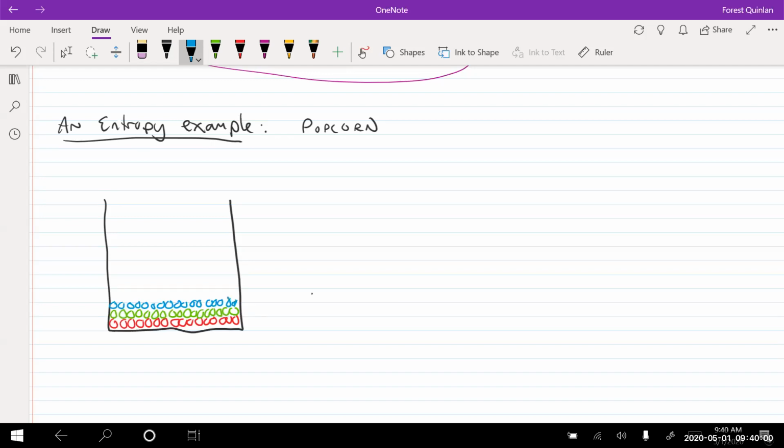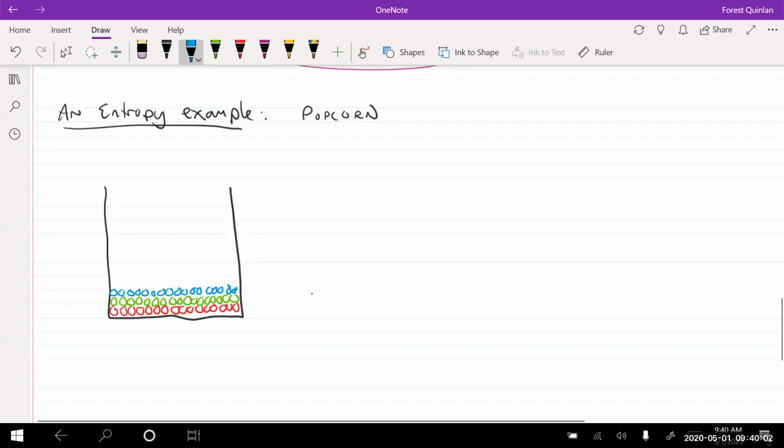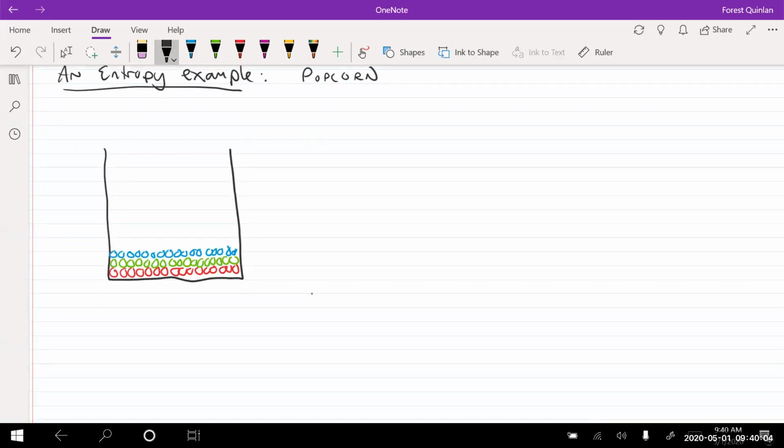Can we agree that we are pretty ordered here? Deafening silence says yes. So this is very ordered. What I'm going to do next is I'm going to put a little fire on it. What's going to happen to this popcorn?